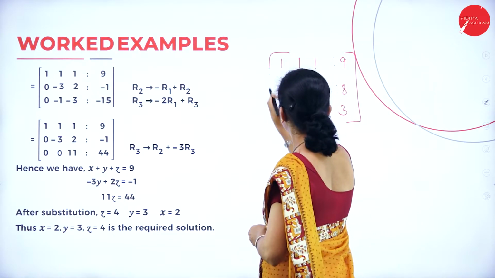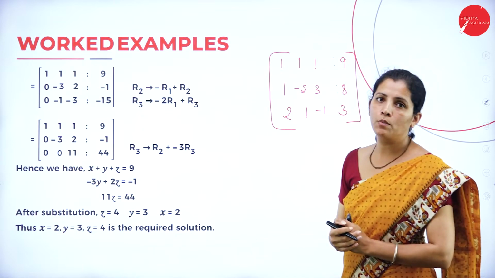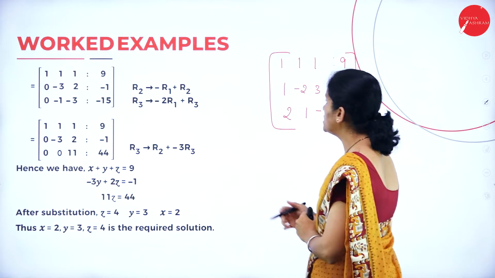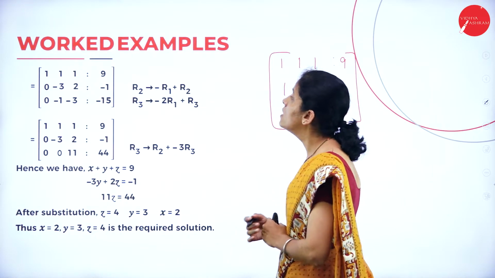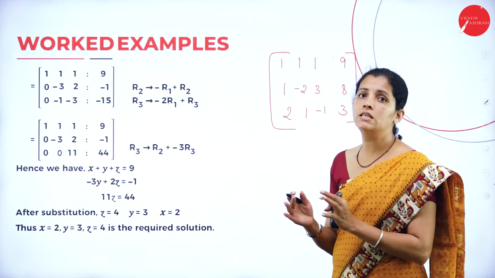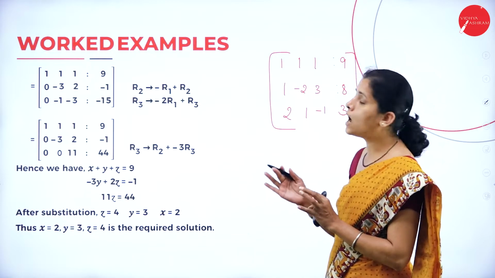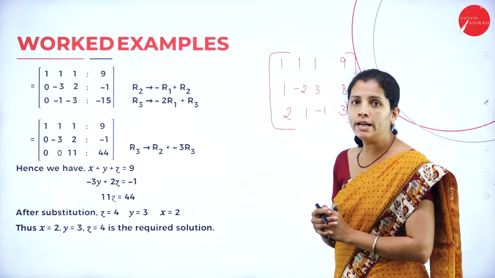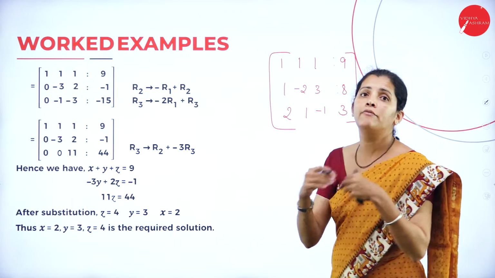Okay, from this matrix, I am going to write the formula. So, what is the formula I have here? Minus R1 plus R2. And dear student, this formula is left to you.